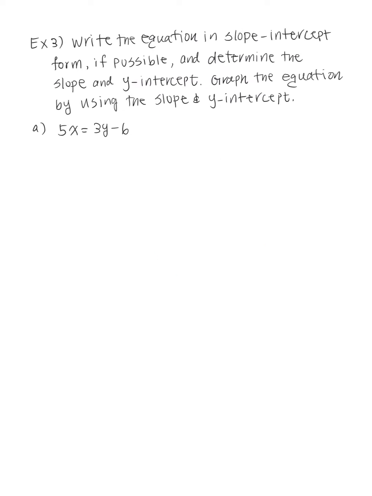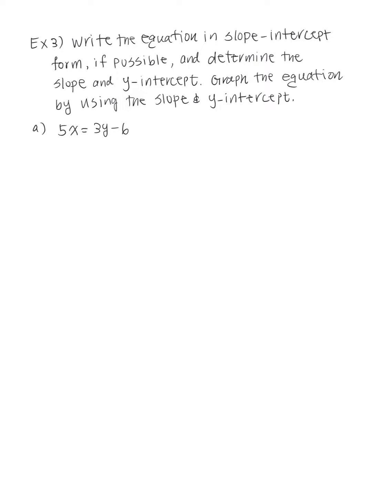Let's take a look at example 3. It says, write the equation in slope-intercept form, if possible, and determine the slope and y-intercept. Graph the equation by using the slope and y-intercept. So let's look at the first equation here. We're given 5x equals 3y minus 6.